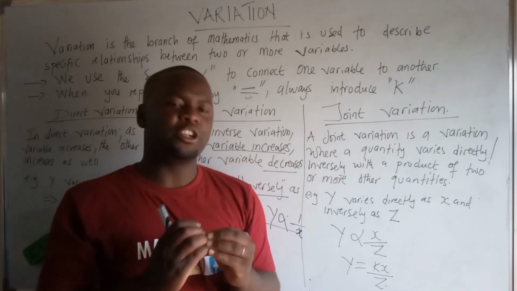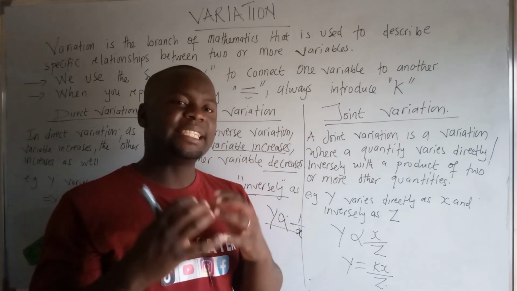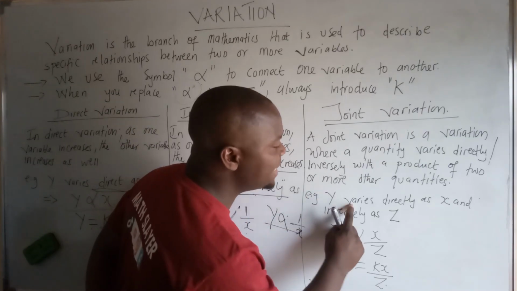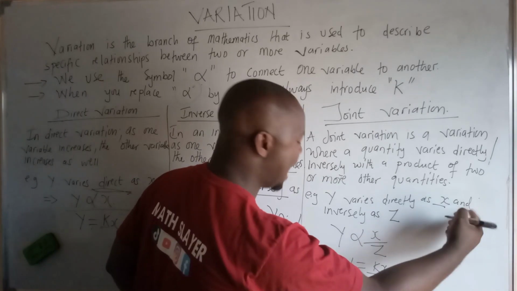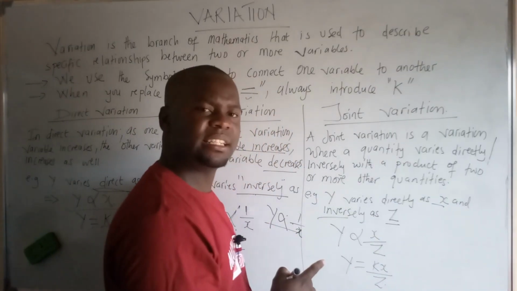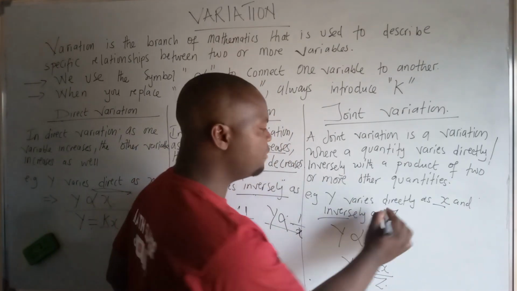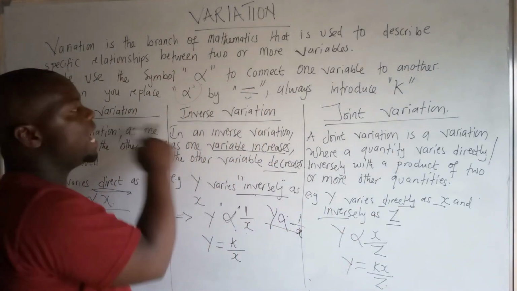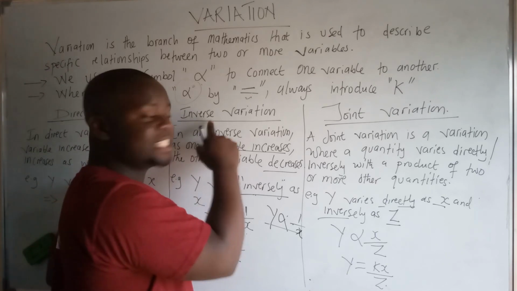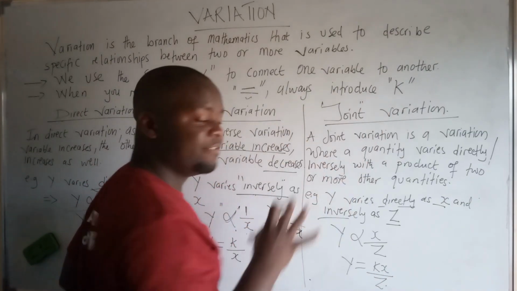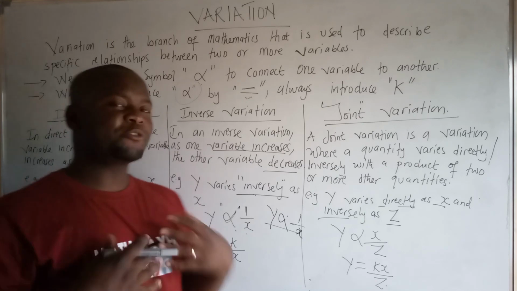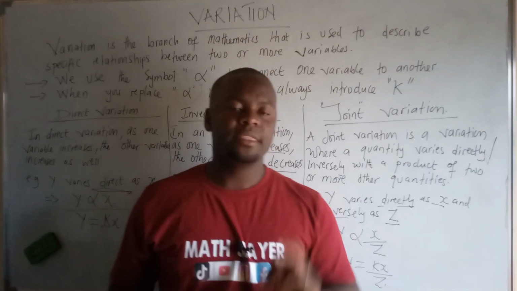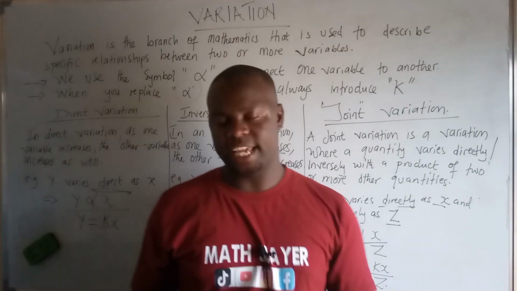How can you know that this is a joint variation? It is a statement like this: y varies directly as x and inversely as z. As you can see here, we have the direct and inversely. It's more like the combination of the direct variation and the inverse variation. That's the reason why it's called a joint variation. So now let me emphasize these three variations: the direct variation, the inverse variation, and the joint variation.